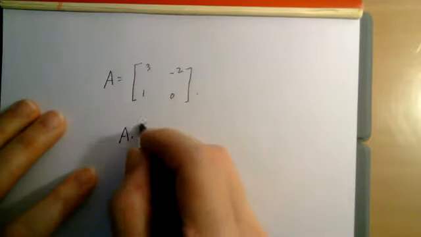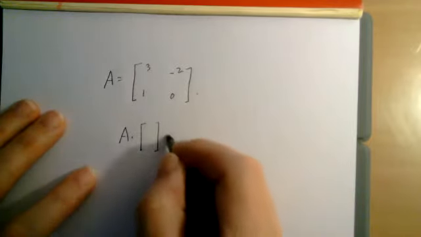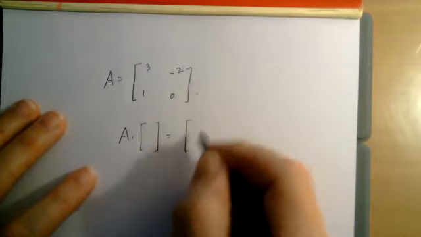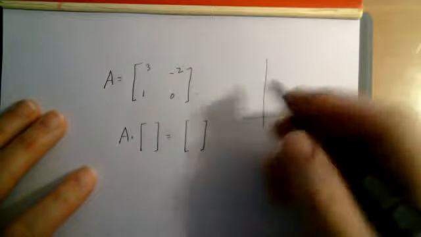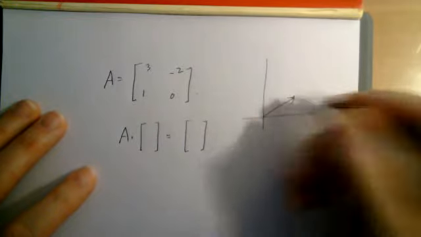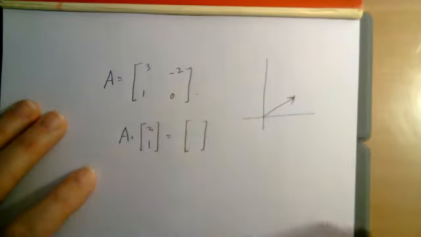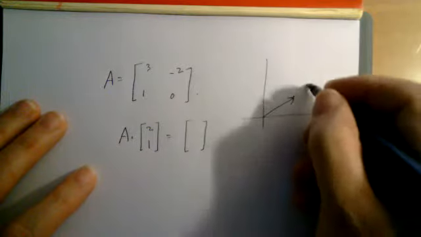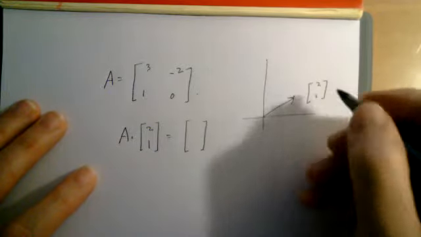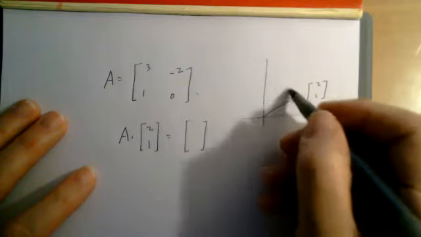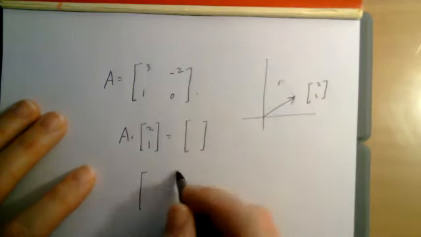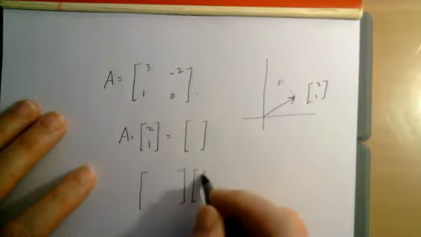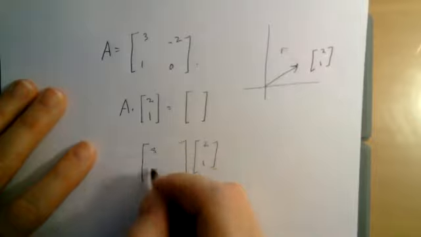You multiply it by a vector, and it will give you another vector. Let me start with the vector 2, 1. A will take the vector 2, 1 to somewhere. I'm just going to multiply and say where it takes it to.